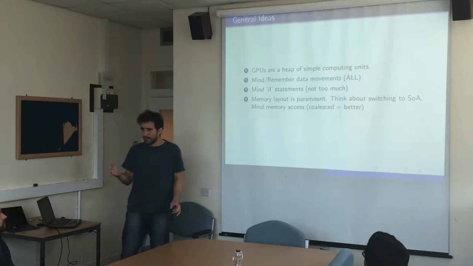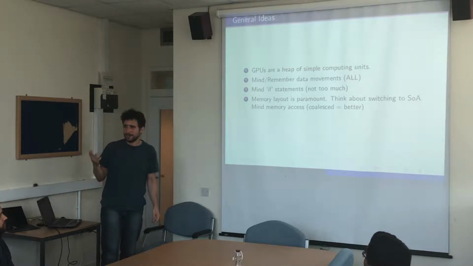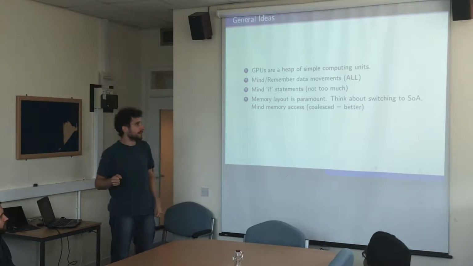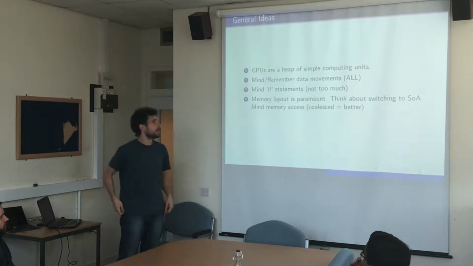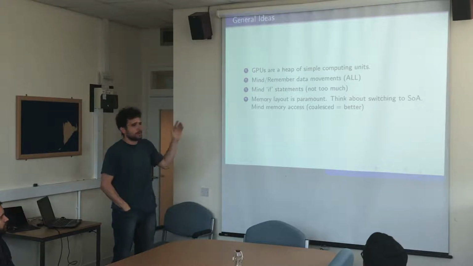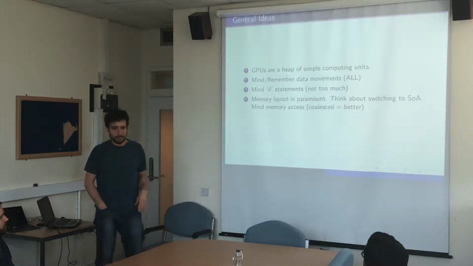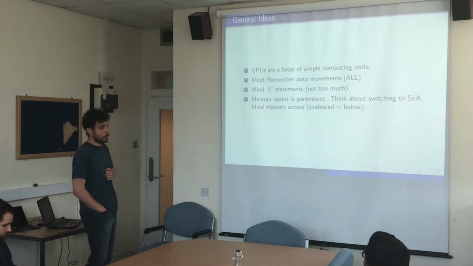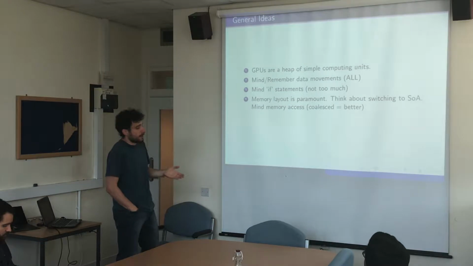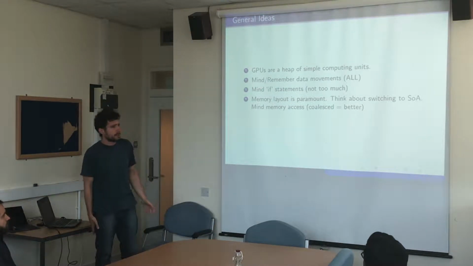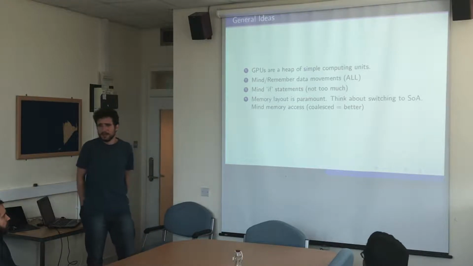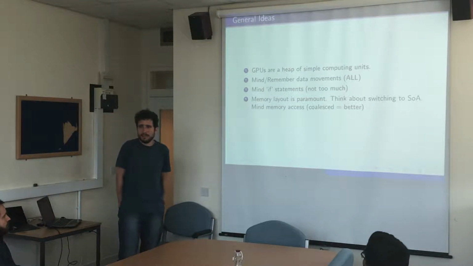I had a glance at the video of the last meeting where Jarno was describing GPU computing as a whole, so I won't go through these things again, but just to point out some important aspects. GPUs are a heap of very simple computing units. I don't know if they can be called slim cores, maybe not even slim cores. KNL is just a heap of slim cores.